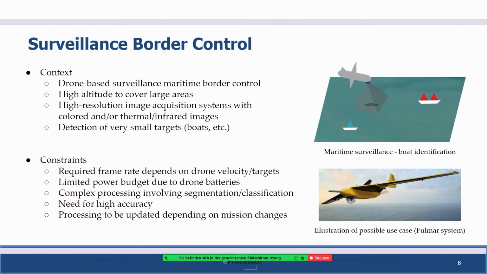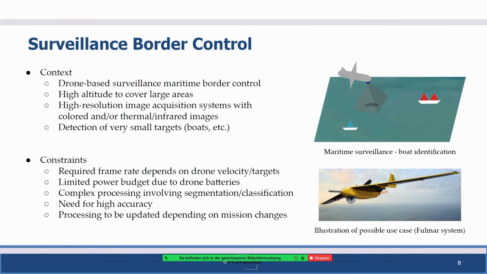And yet, even with these constraints, the processing involved is quite complex for the segmentation and classification, and it needs high accuracy as well. And not only that, there are various types of computation depending on the mission of the drone, which can be of different natures, from safety protocols to detection of illegal activities, etc.